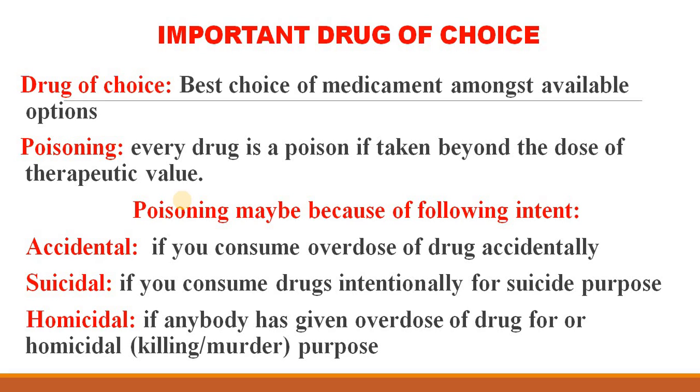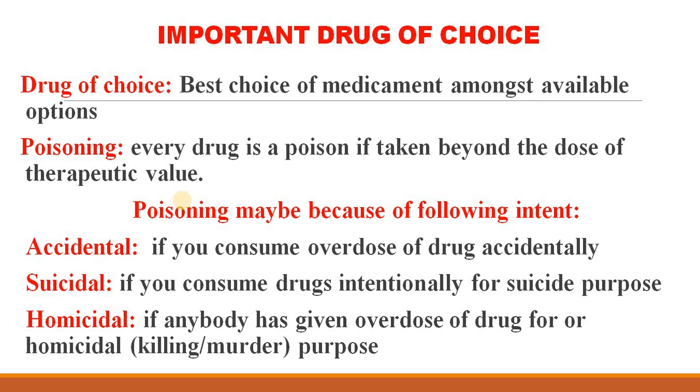Homicidal means if anybody has given an overdose of drug or gases to you intentionally, and his purpose is to kill or murder you, then this type of poisoning is known as homicidal.